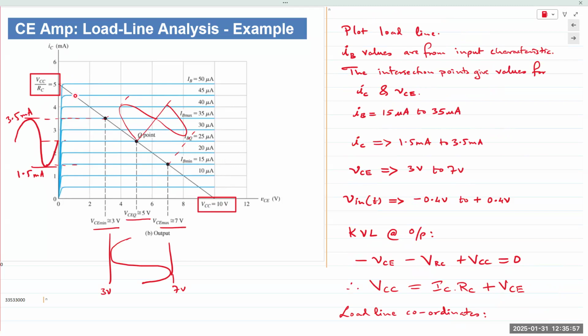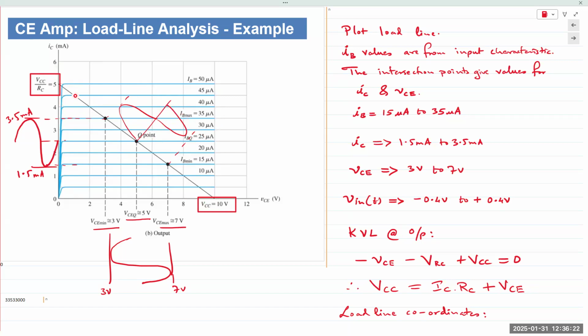How many are there? 1, 2, 3, 4, 5, 6, 7, 8, 9, 10. There are 10 different intersection points. Depending on the design of our amplifier and the value of the input that we're applying, our output could be anywhere along this load line.